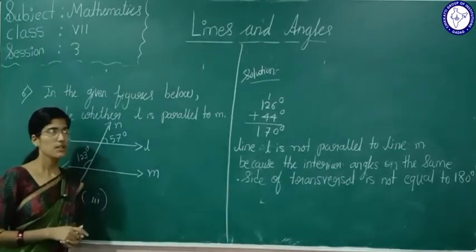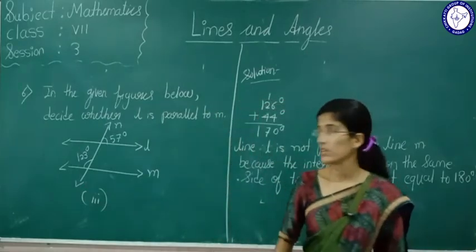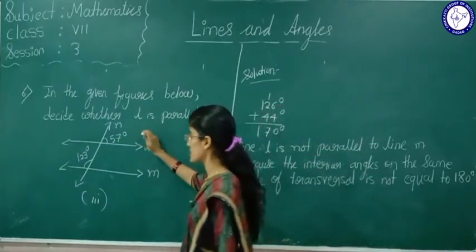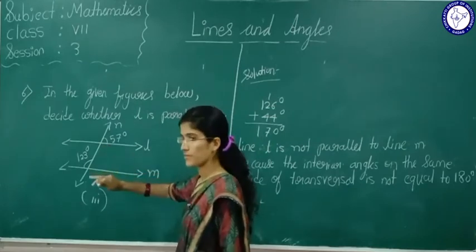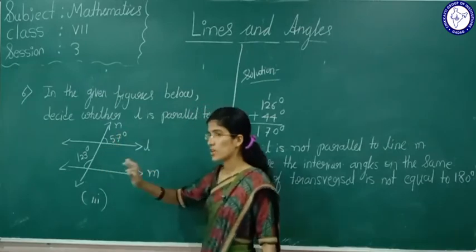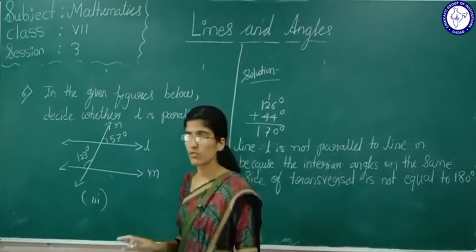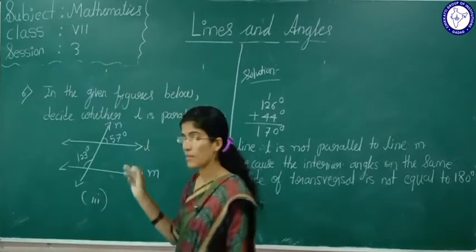We know checking for parallel lines, just as I told: if a line intersects two straight lines at two distinct points, and the pair of corresponding angles are equal, you can tell that these two lines are parallel.